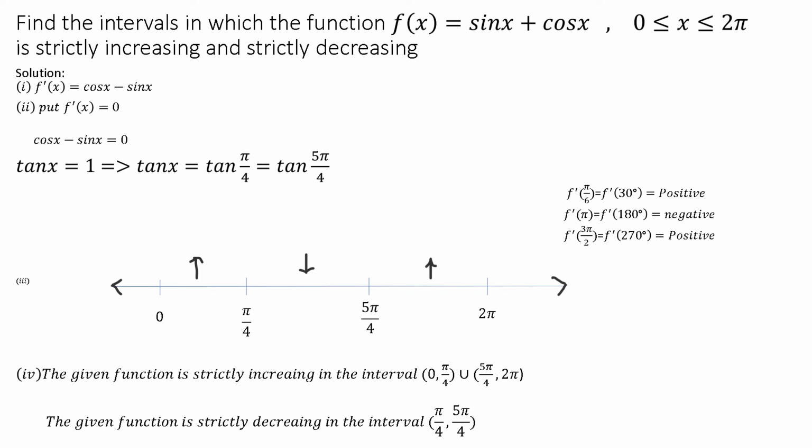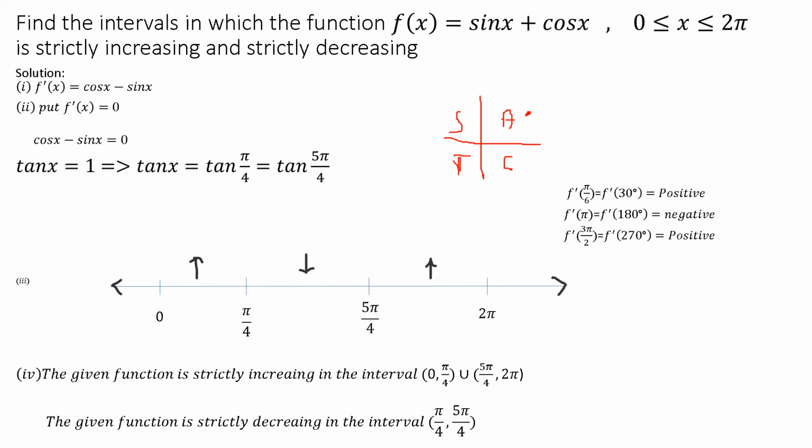As you all know, according to the ASTC rule, this one is the ASTC rule. Here, pi by 4 is in the first quadrant.